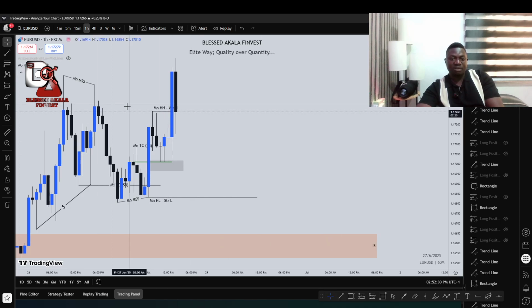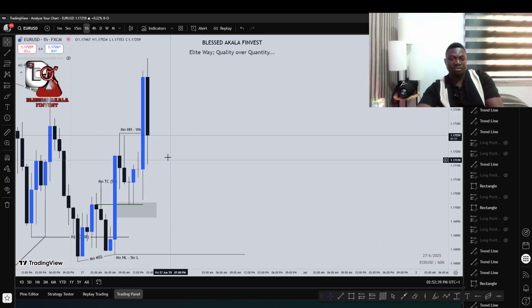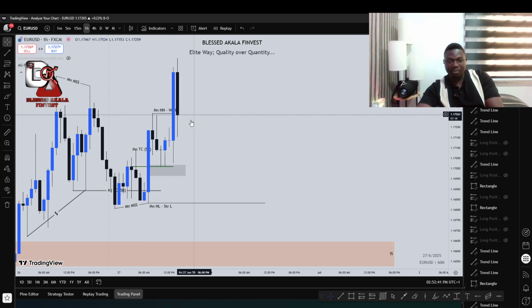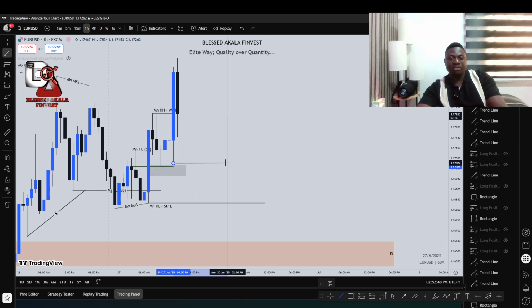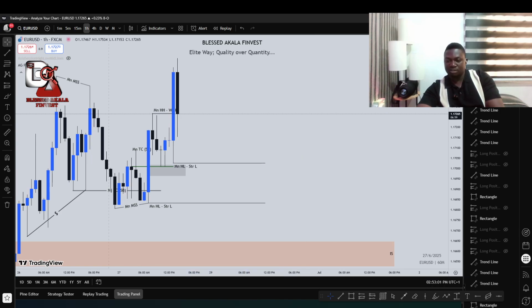So there we have it. With the proper mitigation of this level that we have, we can be anticipating that this leg has been closed above, then we have a break of structure, and we can potentially call this leg that we have here our strong low again.